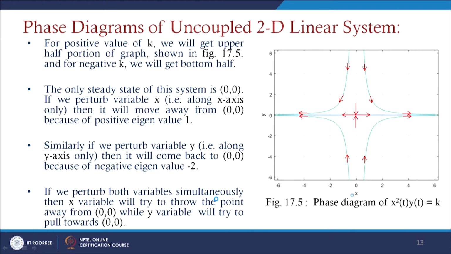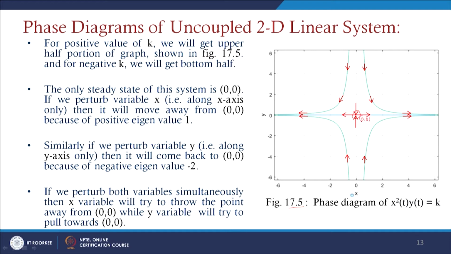And if we analyze this equation for a positive value of K, we can find the upper half portion of this graph, shown as figure 17.5. For negative K, we find the lower half of this graph, and the only steady state is achieved at the 0 0 level.